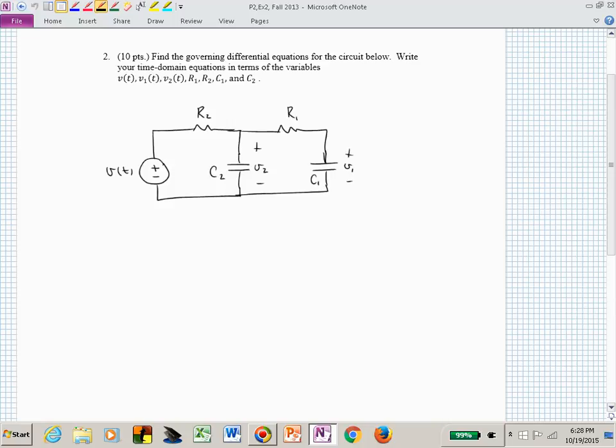In general, here's the benefit of the ladder: it allows you to find one equation in terms of maybe an output variable and the input source, and you can basically do it in a progression towards the left, and you don't have to invert a huge matrix. You don't have to turn the crank at the end and go, I don't know, I hope I didn't make an algebra mistake.